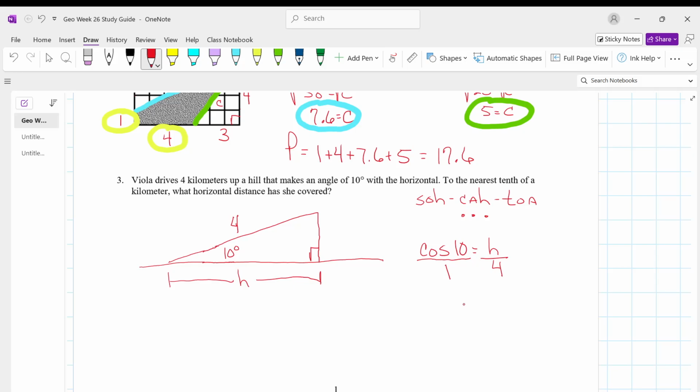We're going to crisscross multiply. 1 times the h is h. And cosine 10 times 4 is 3.94, to the nearest tenth, so 3.9 kilometers.